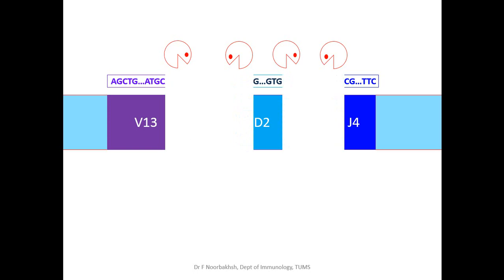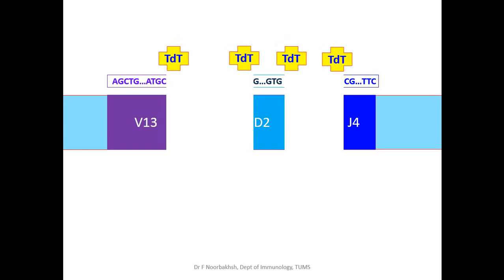And keep in mind that this particular V13, D2, and J4 doesn't exist in a single lymphocyte. It exists in millions of lymphocytes because many of those lymphocytes have this very particular combination, as we talked about in terms of probability and statistics. And then again, we have another group of enzymes which are called TDTs, terminal deoxynucleotidyl transferases.